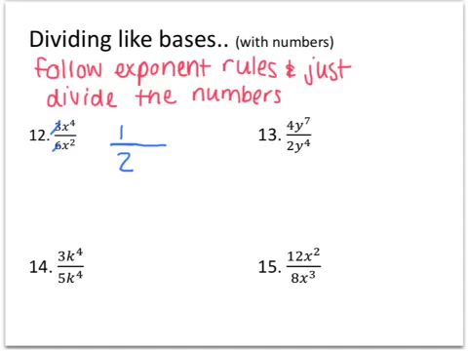Now just use your exponent rules. X to the 4th, x squared. So you keep the base, subtract the exponents. Where does x squared go? In the numerator or the denominator? Numerator. Wherever the bigger power is where the variable stays. So I don't really need that 1 there. I'm just going to make that x squared over 2.